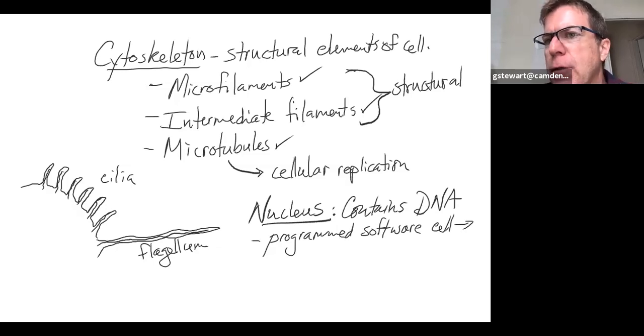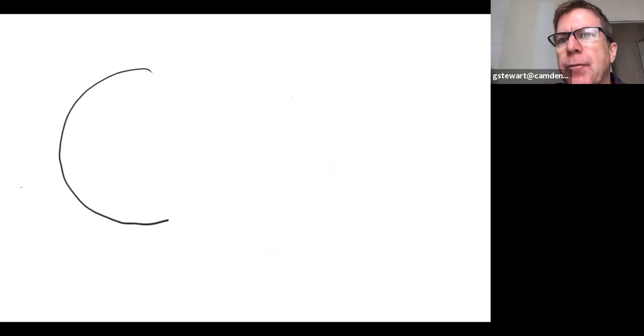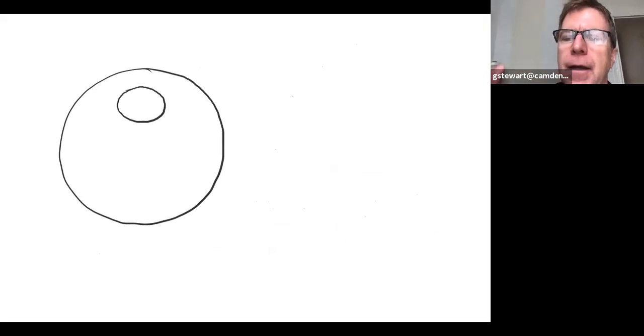So all of our cells, except red blood cells pretty much, have nuclei in them, have a nucleus. Almost all cells only have one nucleus. Skeletal muscle cells are multinucleate. I'll tell you why when we get there.